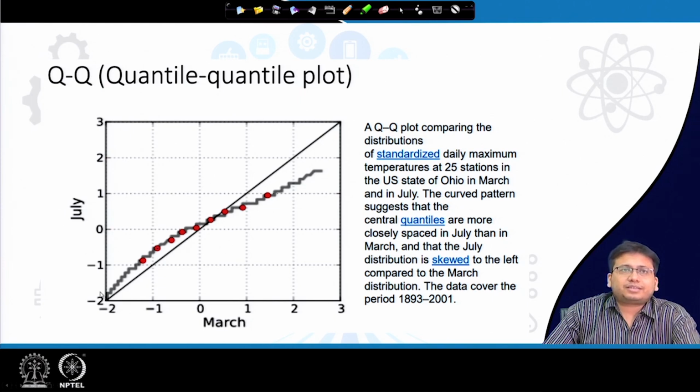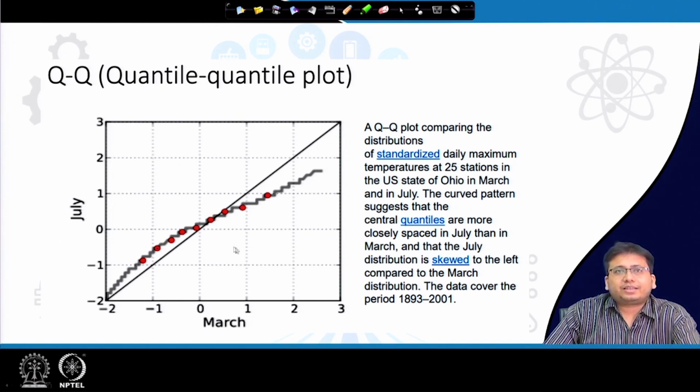So here we can see that -2 is something like the lowest value, and +3 may mean the highest value. What they are doing is plotting the different quantiles in March against the same quantile in July.